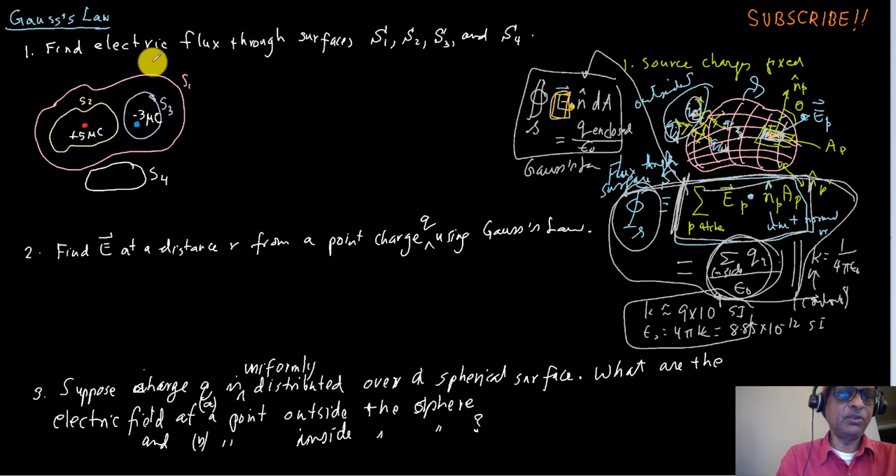Okay, so let's see over here. From Gauss's law, you can see that this does not have anything inside. So the flux through S4 is going to be 0 on the right side, since Q enclosed by S4 is 0.